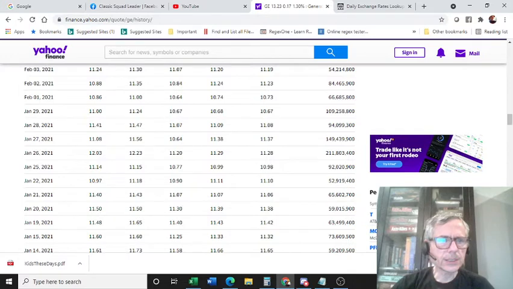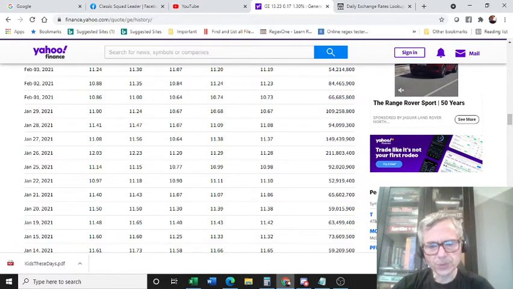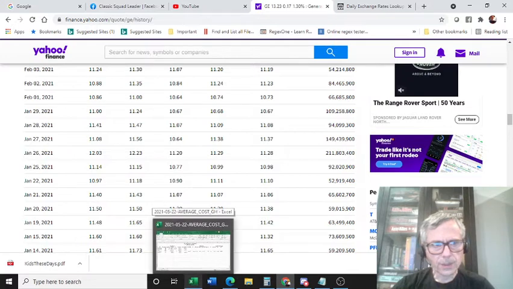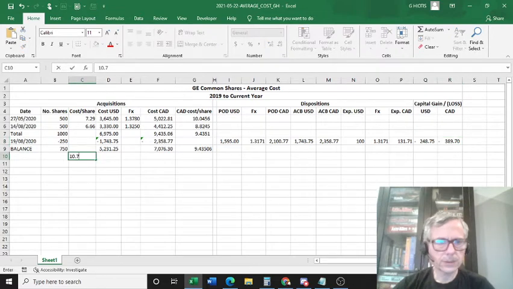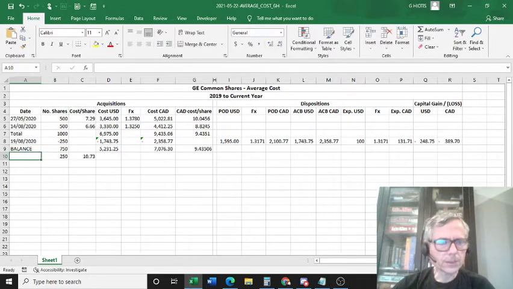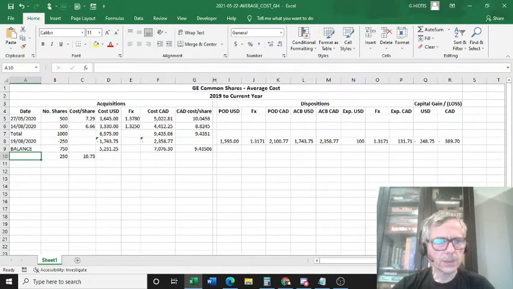Let's say on February 1st, 2021, I'm going to use the closing price as the purchase price of $10.74. We bought back those shares, 250 on February 1st.